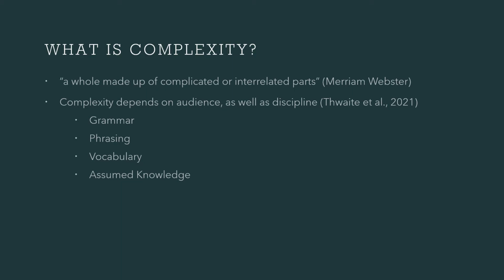Some specific aspects of this can be grammar and phrasing, like the technical ability someone has to decipher the sentence you have written. The vocabulary, which is specific words in each topic.